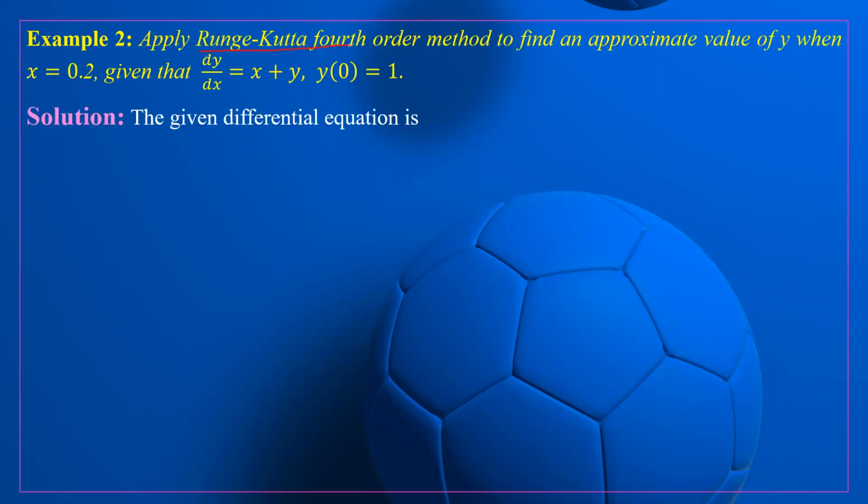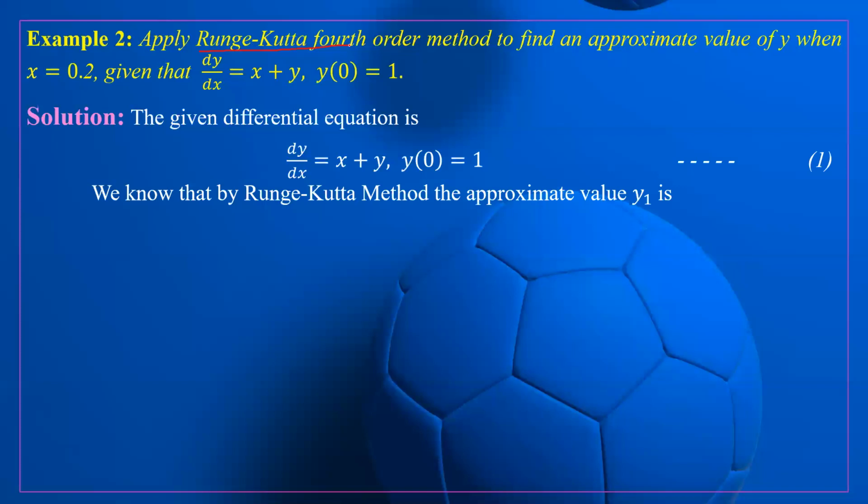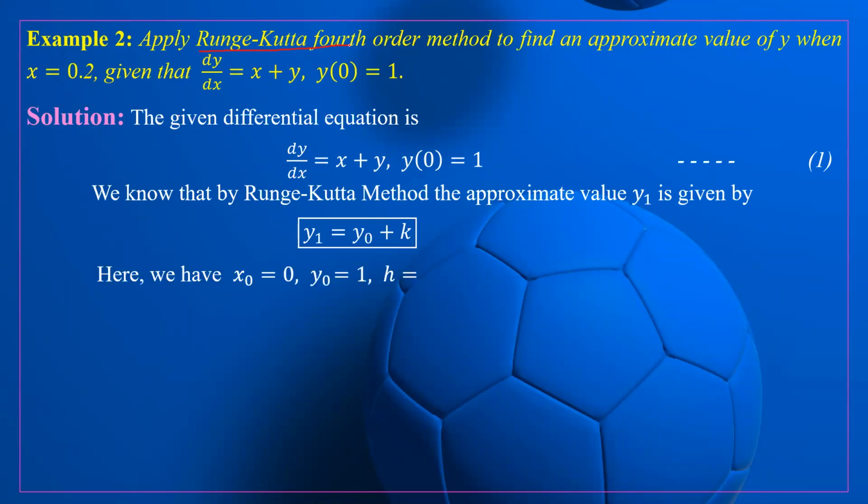Okay, so the given differential equation is dy/dx is equal to x plus y, y of 0 is equal to 1. So we know that by the RK method, the approximate value of y1 is given by y1 is equal to y0 plus k. Here x0 is 0, y0 is 1, h is equal to 0.2, f of x0, y0 is x0 plus y0, which is 0 plus 1, equal to 1.